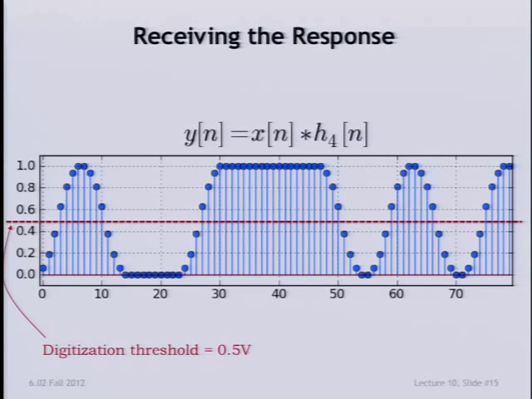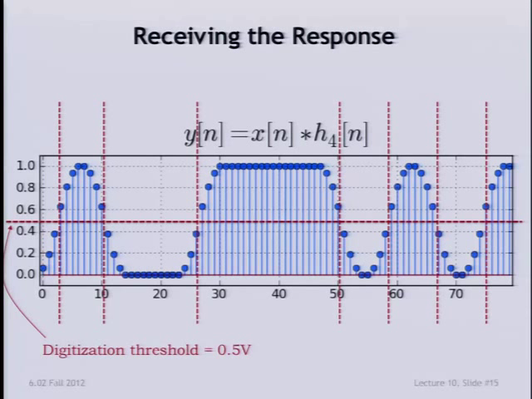So you might set a threshold, pick times at which you're going to sample, and then you come up with your call of what the input is. So 1, 0, 0, and so on. All right? So this seems all benign enough.